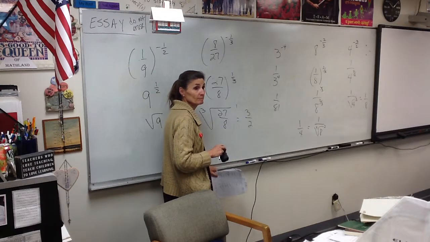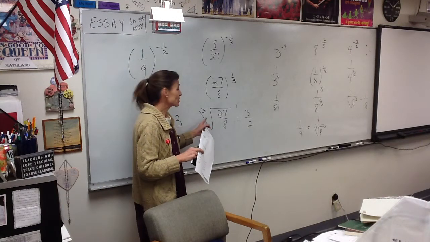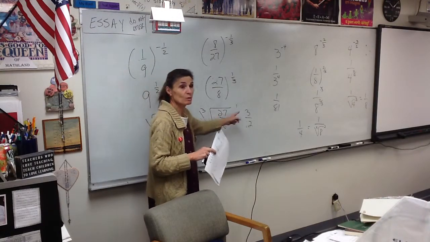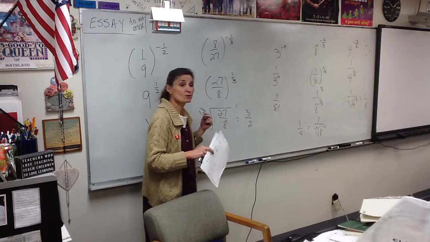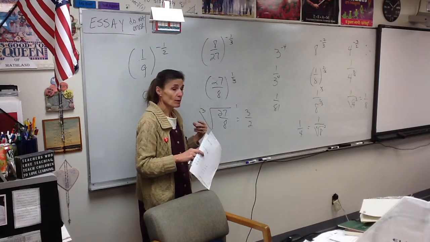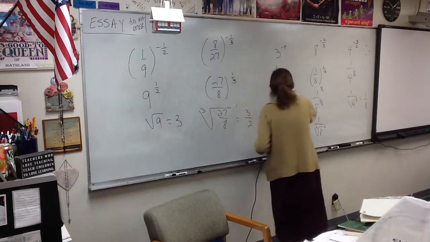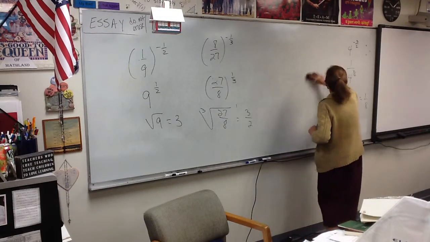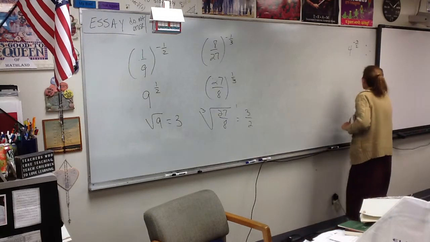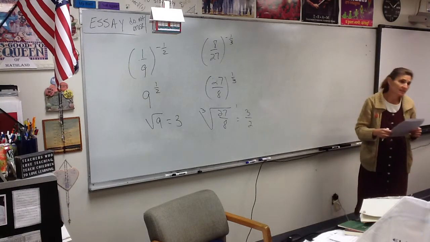But you don't have to do 27 divided by 8. You're taking the cube root of 27, which is 3, and the cube root of 8, which is 2. There's no division here, okay? I'll make sure, Julia, that the numbers are manageable. You're not going to have to do some hideous arithmetic.